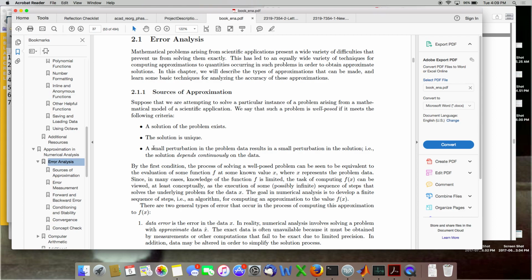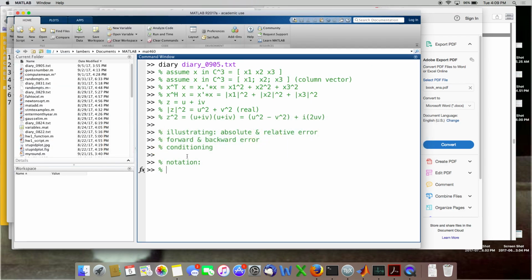Now, when we're computing approximations and we're trying to understand how the error behaves, this is a summary of what's described in the textbook. We're computing y equals some function of x. X is whatever our input is.